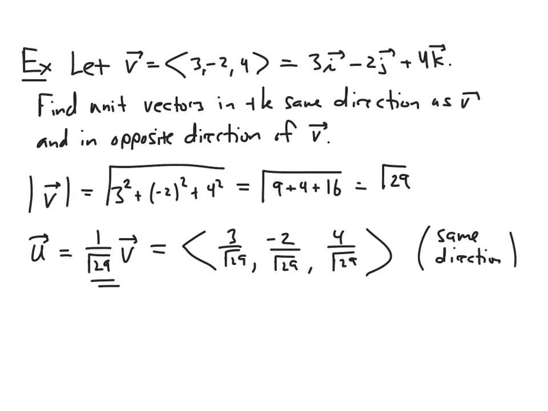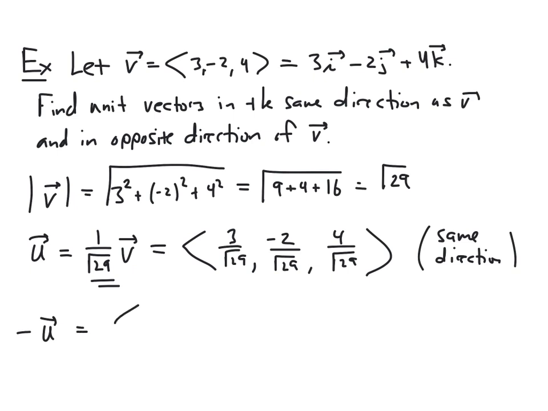Now, if we want one in the opposite direction, then we could start with this particular vector. We now know this is a unit vector in the same direction, and what we really need to do is just make this vector turn completely around and point in the opposite direction. And so to find a vector that goes in the opposite direction of this, we multiply by the scalar negative 1.